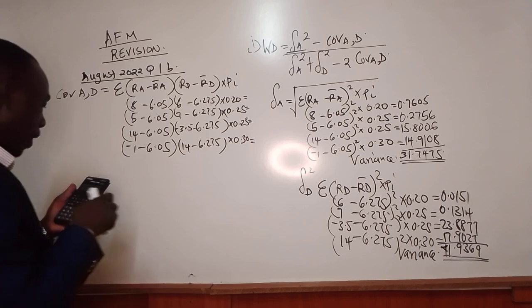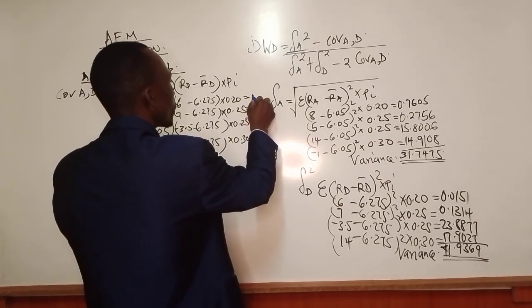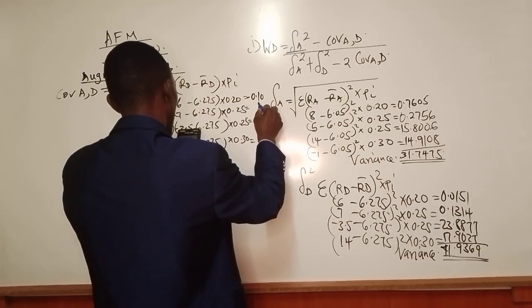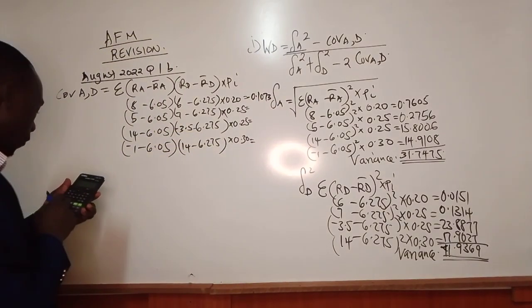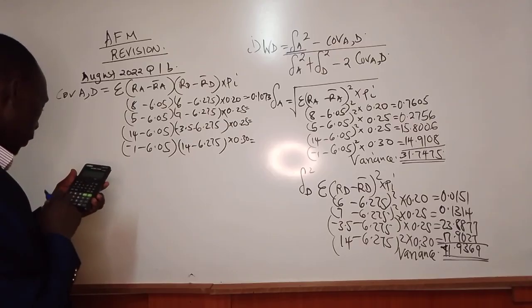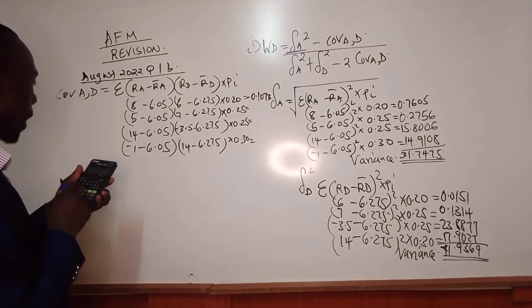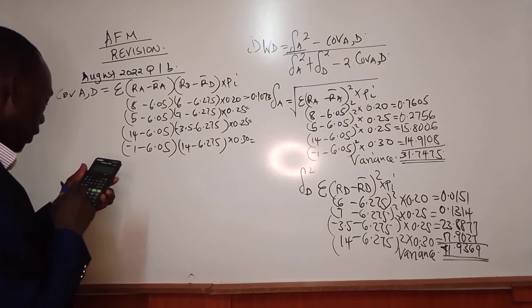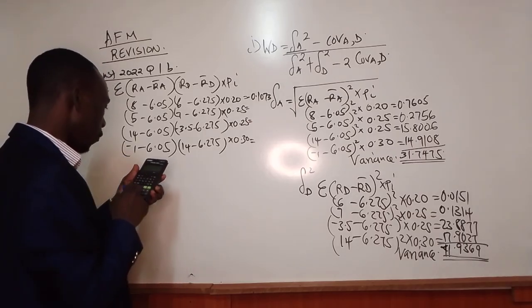So the first one will be negative 0.1073. Then the next one will be 5 minus 6.05. Then we had 7 minus 6.275. Then we multiply by 0.25.